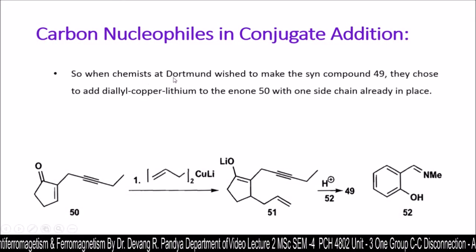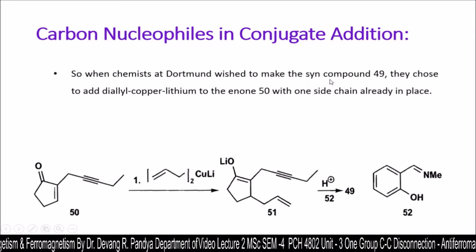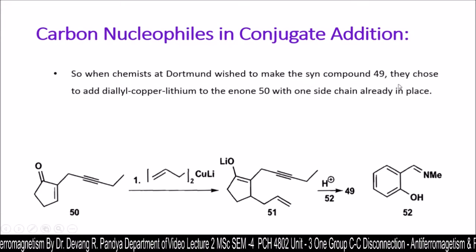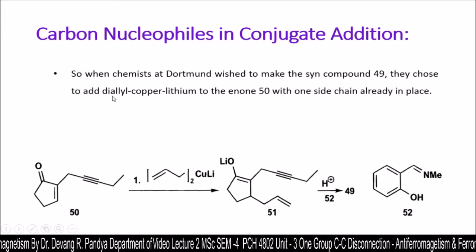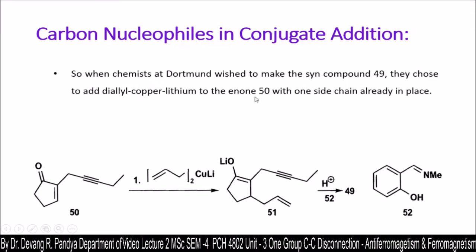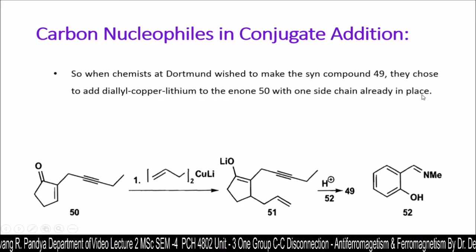So when a chemist at Dortmund wished to make the syn compound 49, they chose to add diallyl lithium cuprate to enone 50 with one side chain already in place.